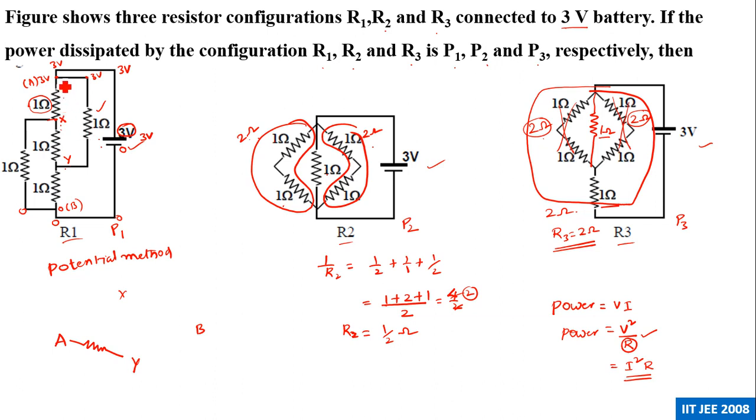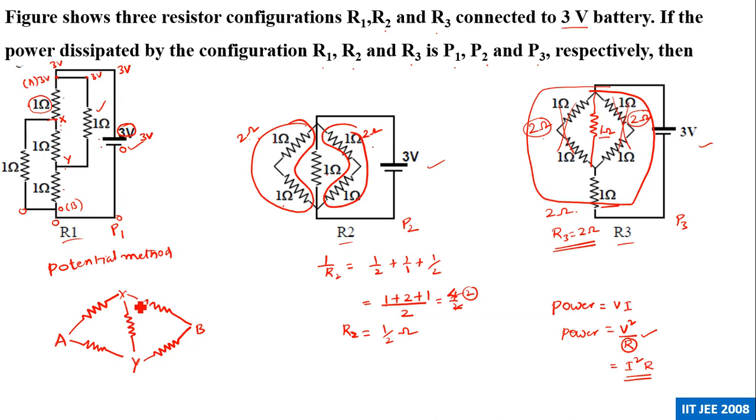This resistor is in between 3 and X. Now this resistor is in between X and Y. Since all the resistors are the same, we don't have to worry about it. Now this resistor is in between X and 0, that means X and B. Next, this resistor is in between Y and 0, that is Y and B.